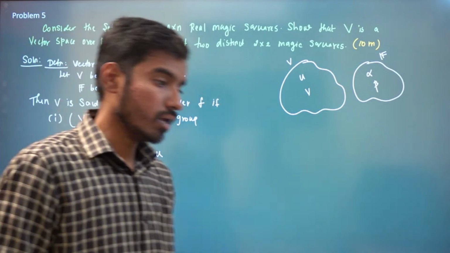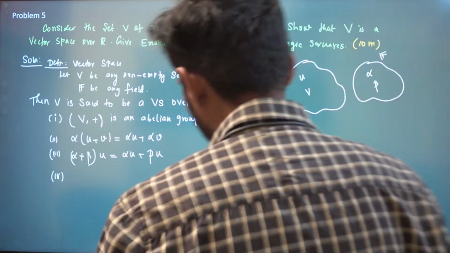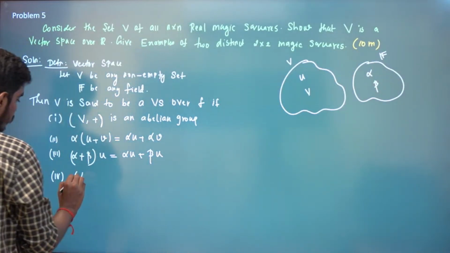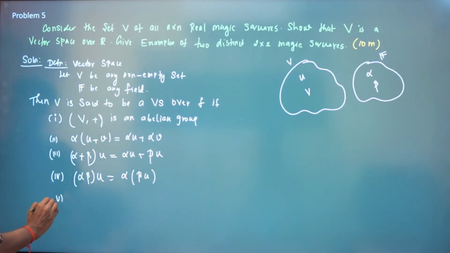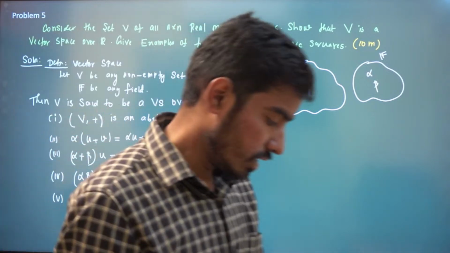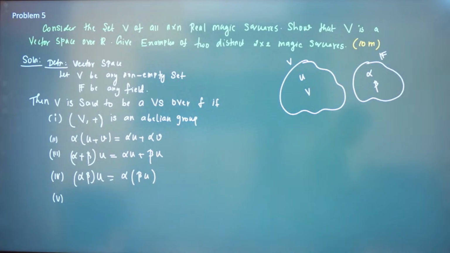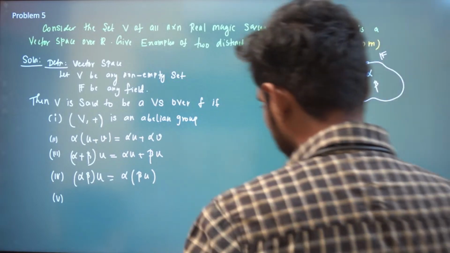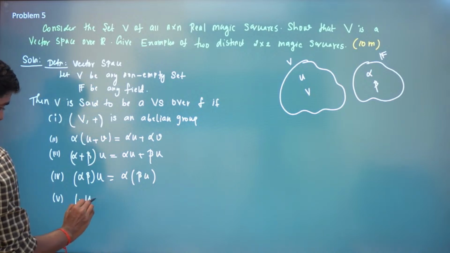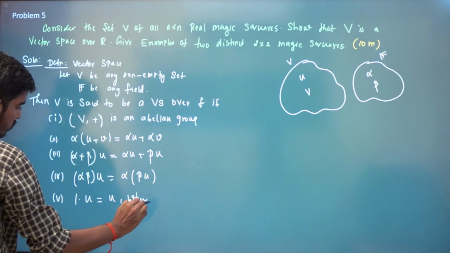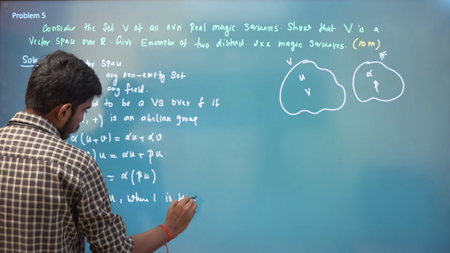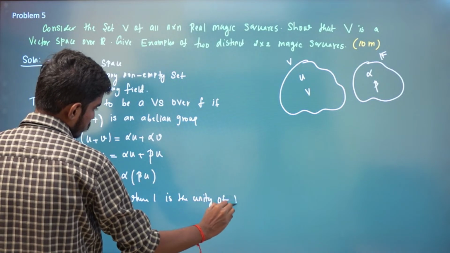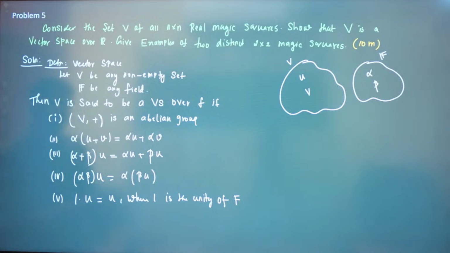And then alpha beta into u is the same as alpha into beta u, and there exists a unity, 1 into u is equal to u, where 1 is the unity of F. So if your V satisfies these 5 conditions, then we say this V is a vector space over F.